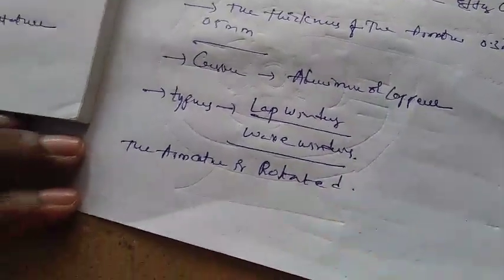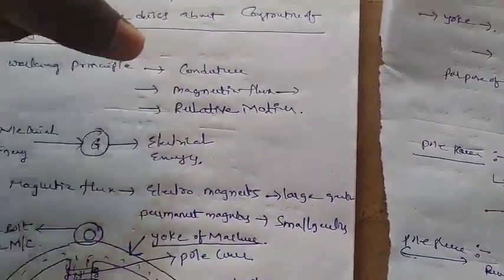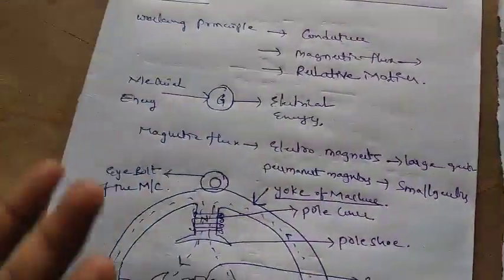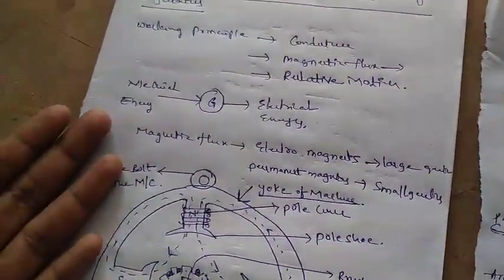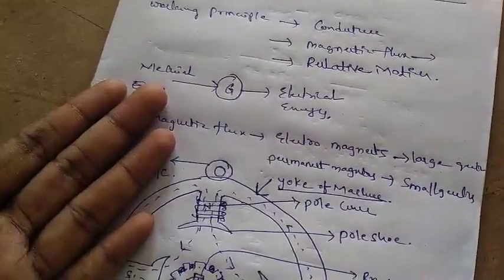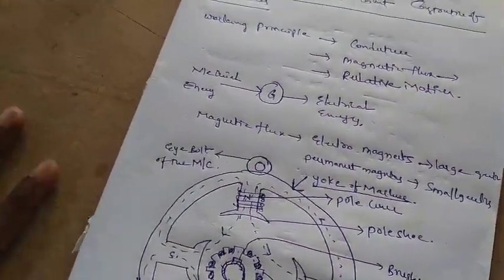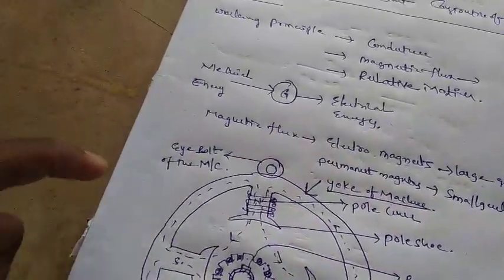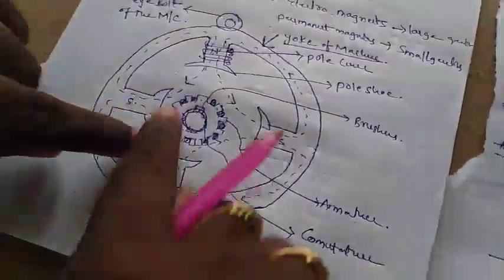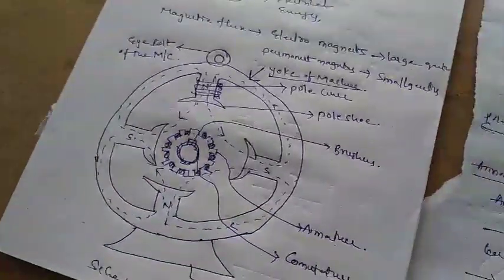Due to the working principle, conductors are there, magnetic flux is there, relative motion is there. The EMF is generated according to Faraday's laws of dynamically induced EMF. Whenever a conductor cuts the magnetic lines of force, an EMF is induced. So here the action is done by the armature, which is rotating.